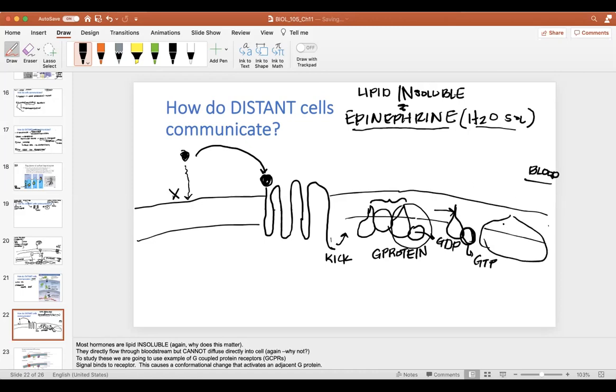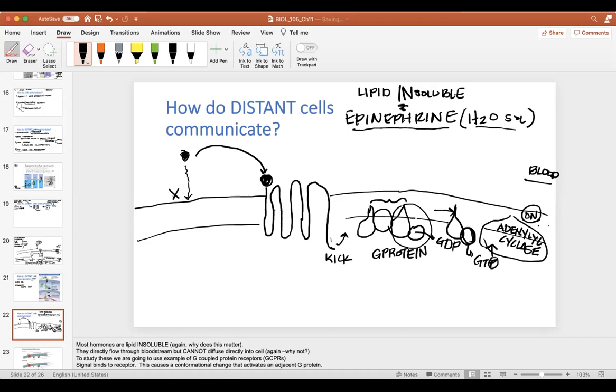And this enzyme is called adenylyl cyclase. Basically, we're going to take the phosphate group off of that GTP molecule, and we're going to use it to turn this protein on, okay?